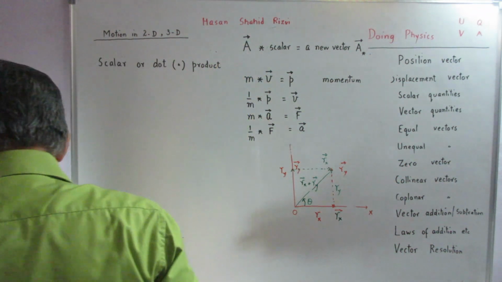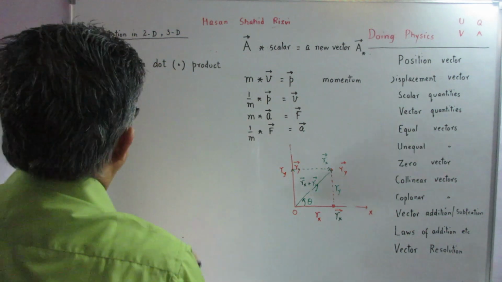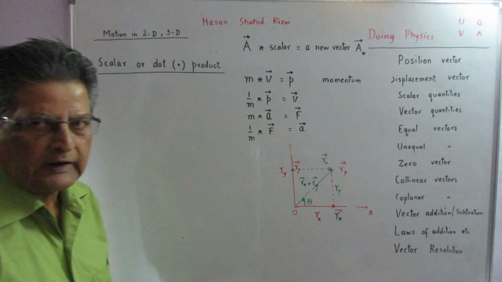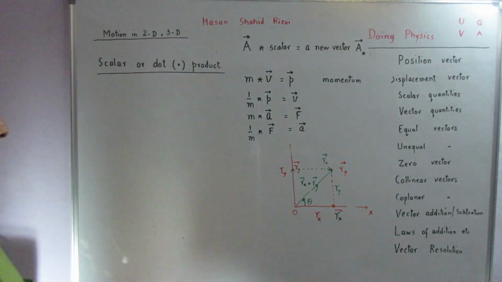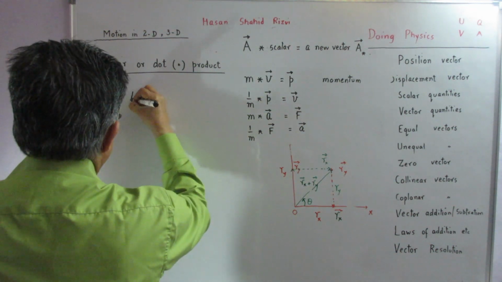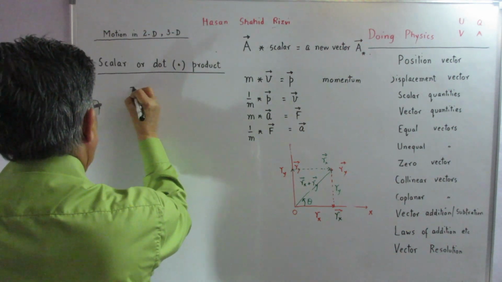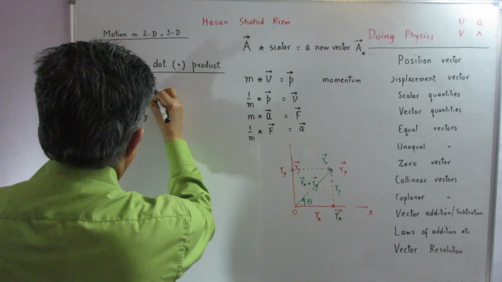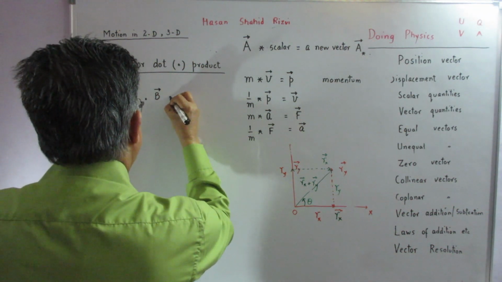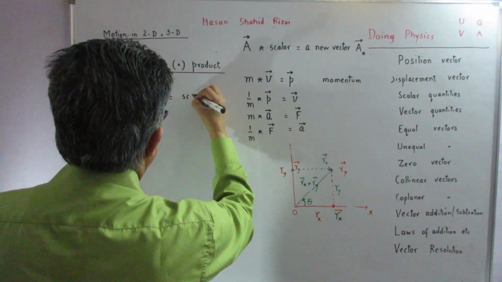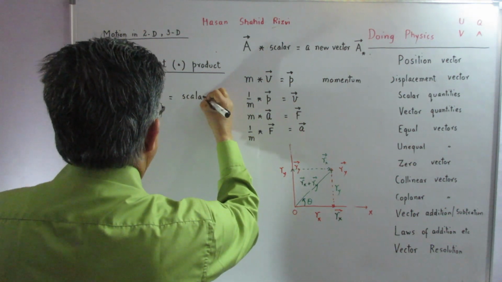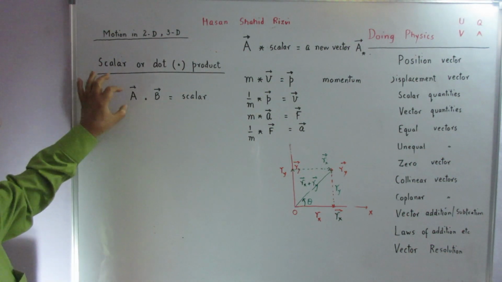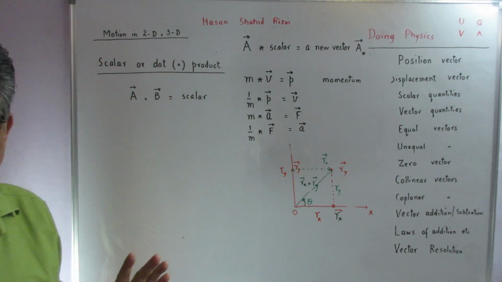In the dot product, we have two vectors where we multiply one vector with the other and try to find out what the relations are. I have a vector A and another vector B, and the product is a scalar. We don't get any vector on the right hand side. The product of A dot B is a scalar.